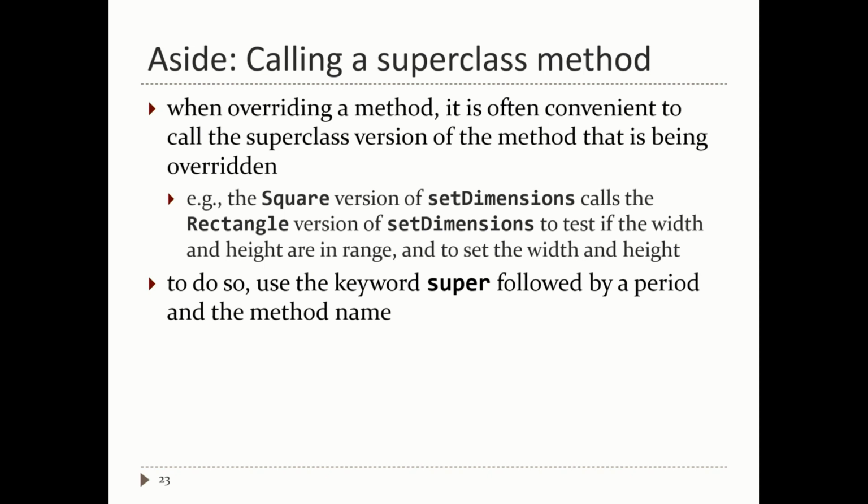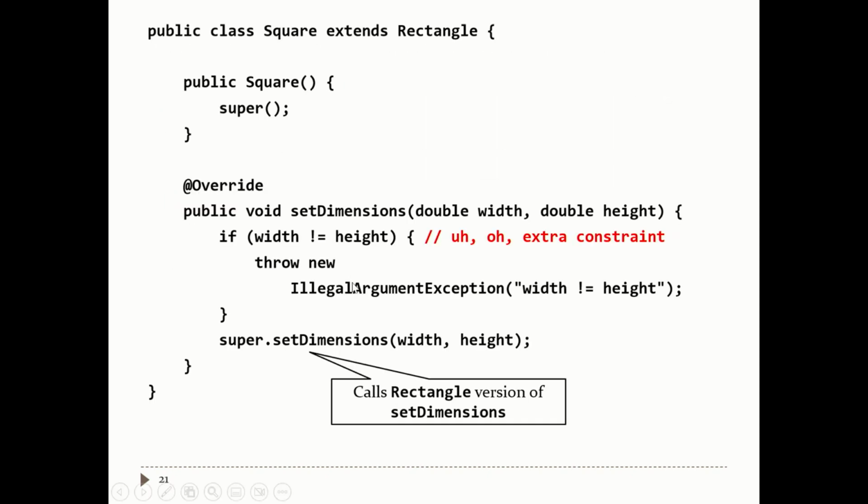That makes sense because the method that you're overriding probably does something that you need it to do anyway. So you might as well call that method to get part of your work done, which is what I'm doing here. I'm calling the superclass version to actually change the width and height because it already does that for us. If you want to do that, just insert super in front of the method name.